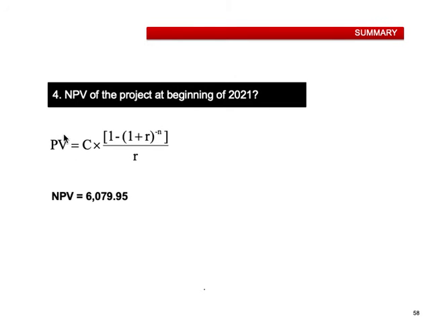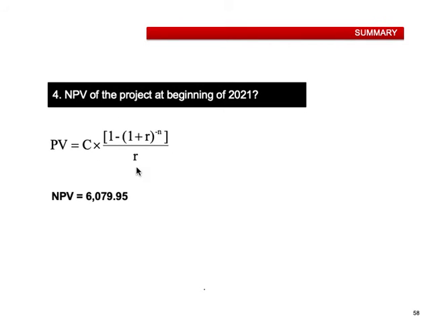The present value of a stream of 20 cash flows is the underlying cash flow, which is 4,500, times 1 minus (1 plus R) to the power minus N, divided by R. R is the cost of capital at 5%. The N is obviously 20 years.